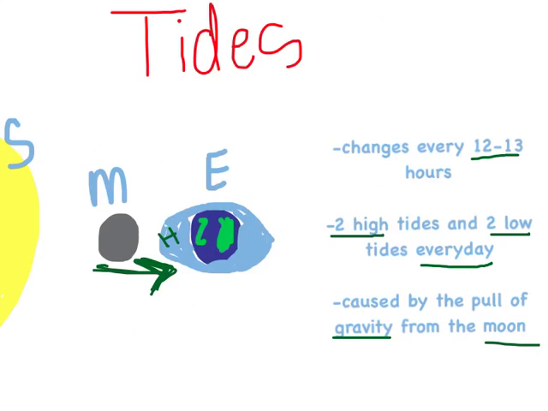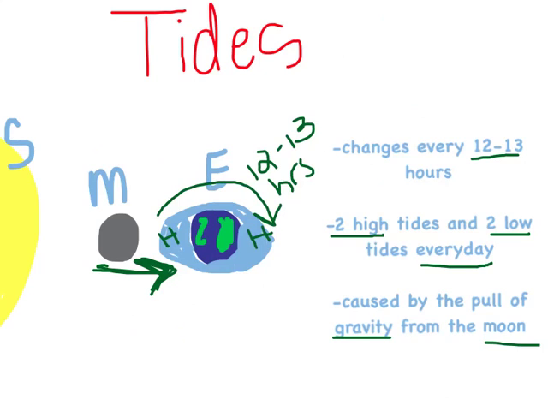So this point would also be experiencing high tide. Going from high tide to high tide is going to take about 12 to 13 hours. That's half of a day.